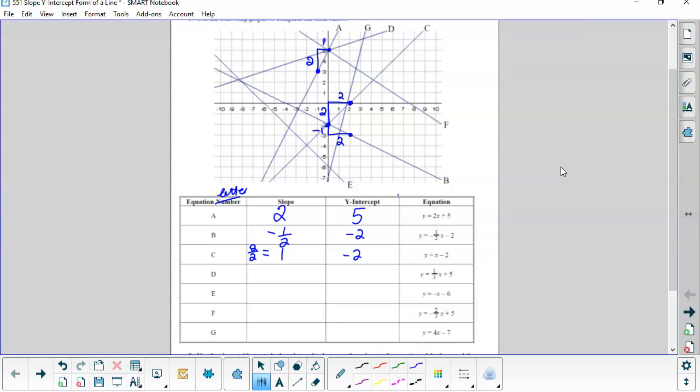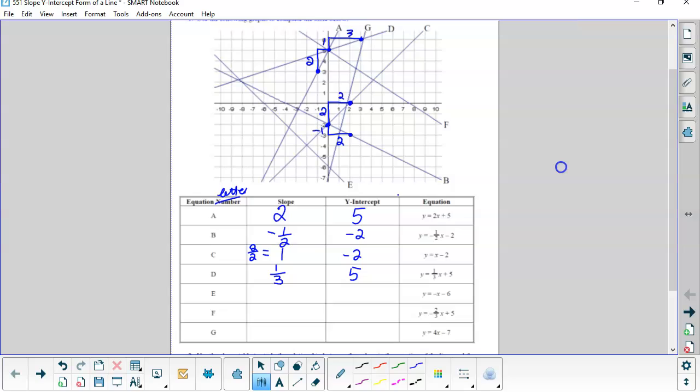So D, again, there's a y-intercept. Choose another nice point. Looks like about there. So I have to go up 1 to the right 3, and the y-intercept was 5. So 1/3 x plus 5. Okay.